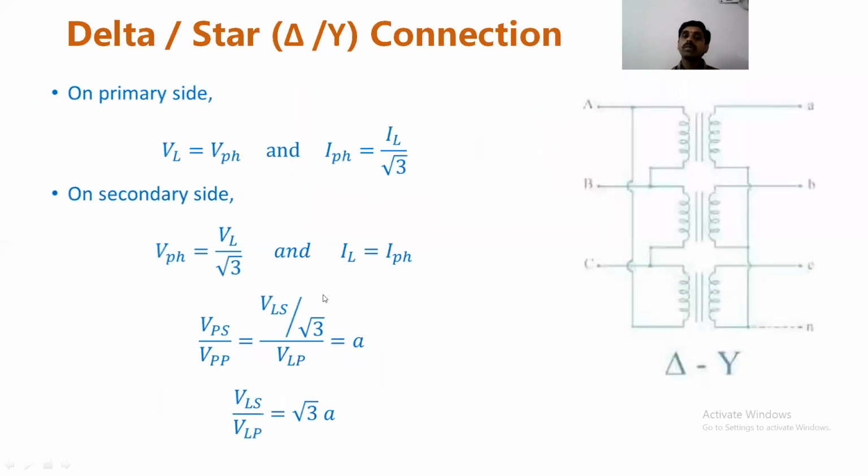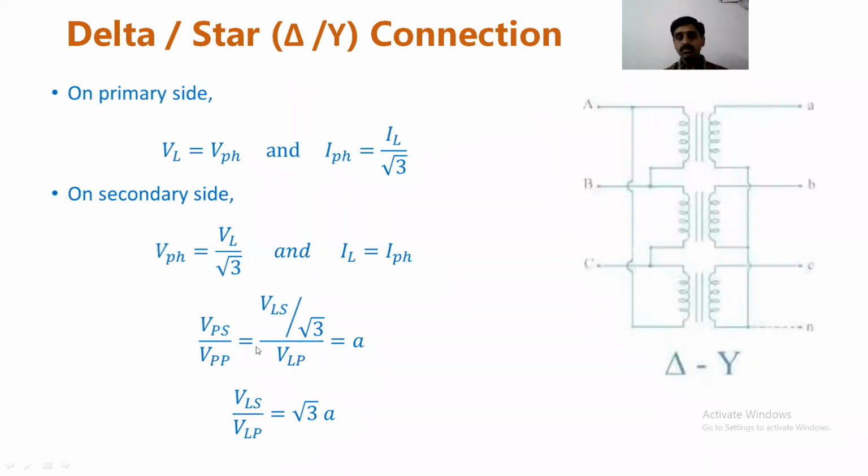So now coming to the delta-star connection. You see the primary side is delta connected, and the secondary side is star connected with a neutral connection here. On the primary side, line voltage equals phase voltage, and phase current equals 1 by root 3 times the line current. On the secondary side, phase voltage equals VL by root 3, and line current equals phase current on the star side.